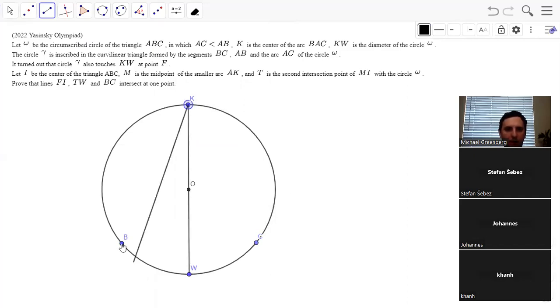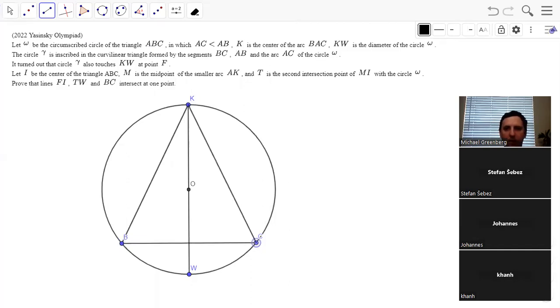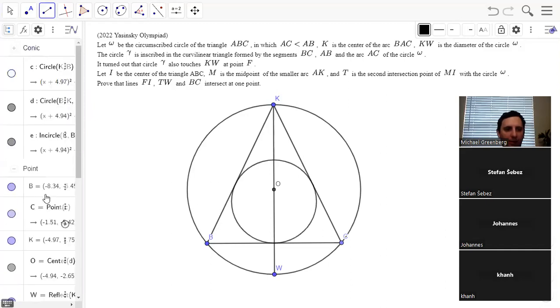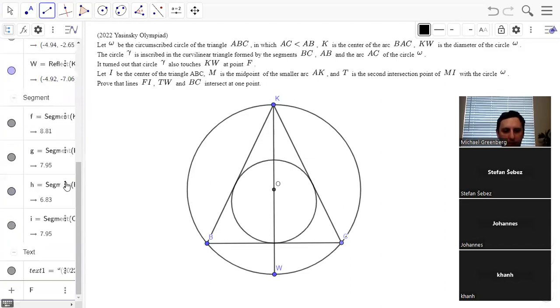And actually, then I'll draw the incircle of KBC, and the incenter will be F. I probably should have said F. So F is the center of that circle. There we go.